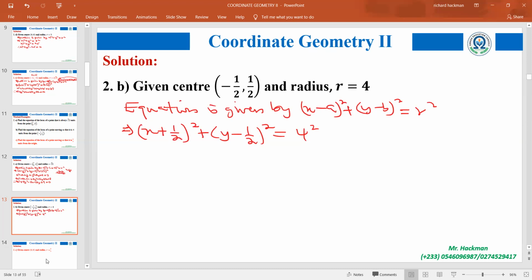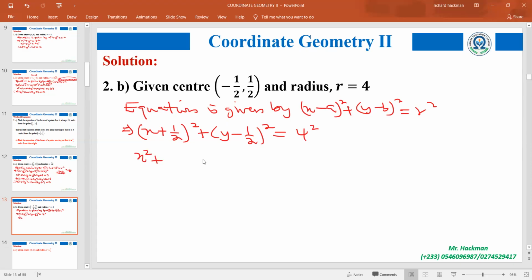Very good. So at this point, we are more than good to go. We know how to expand when it involves fractions as well. So this will give us x squared, then twice the product of this and this, plus. The product of x and 1 over 2, times 2: the 2 will cancel. If you can't do it mentally, do it as rough work.